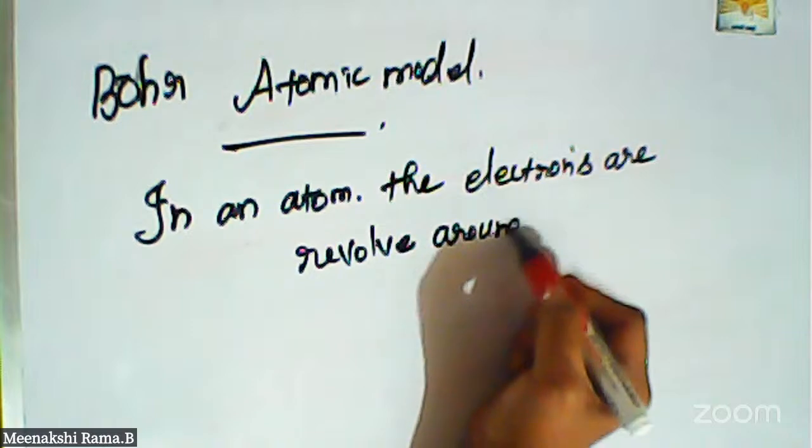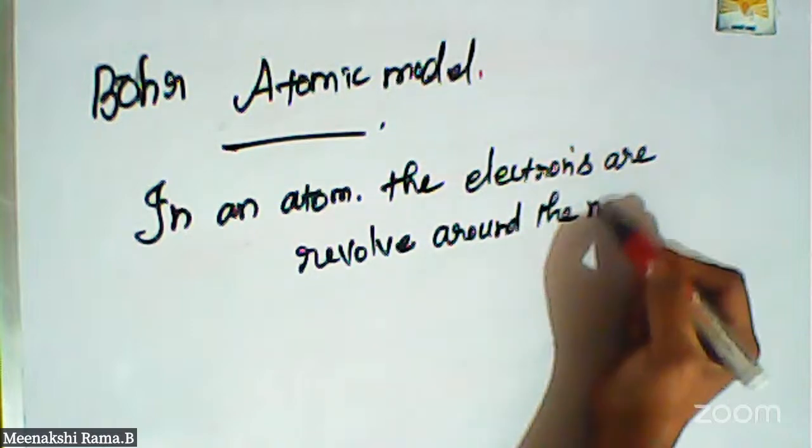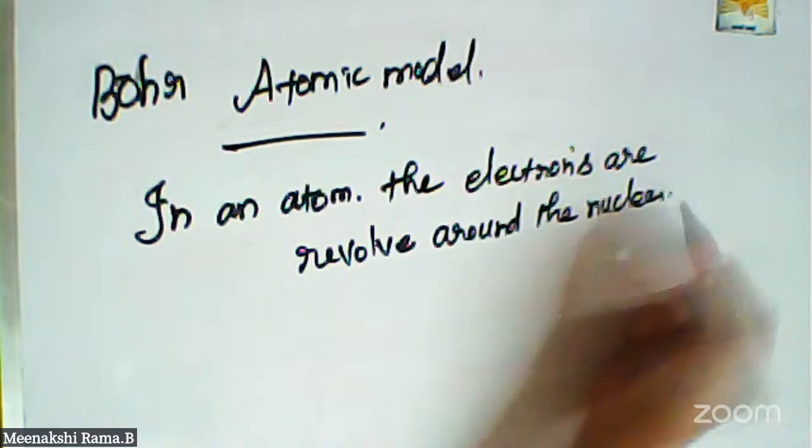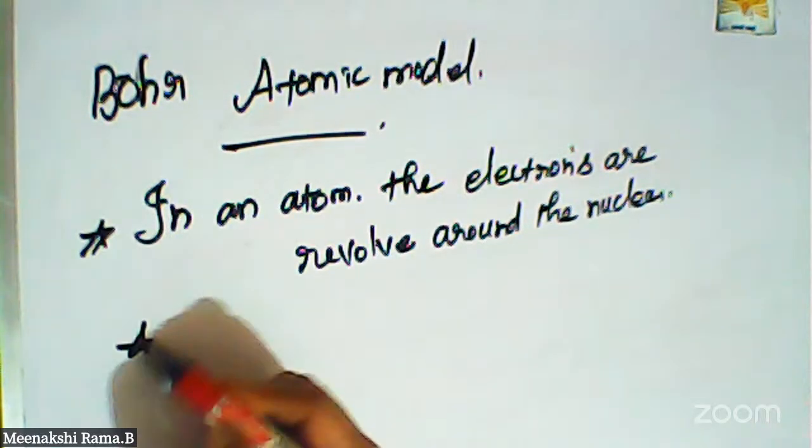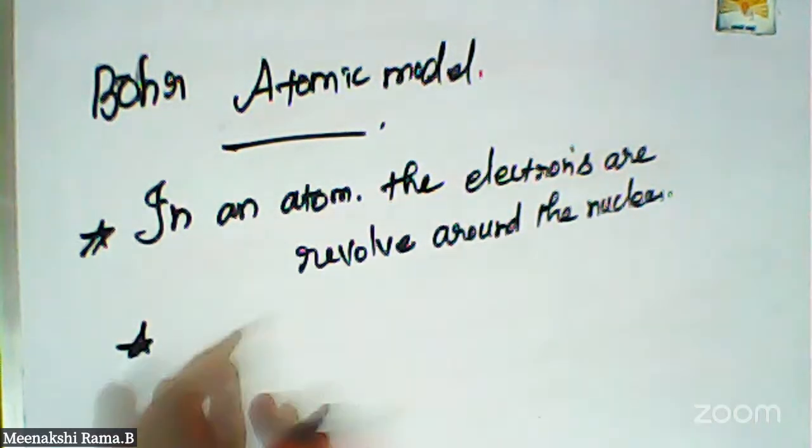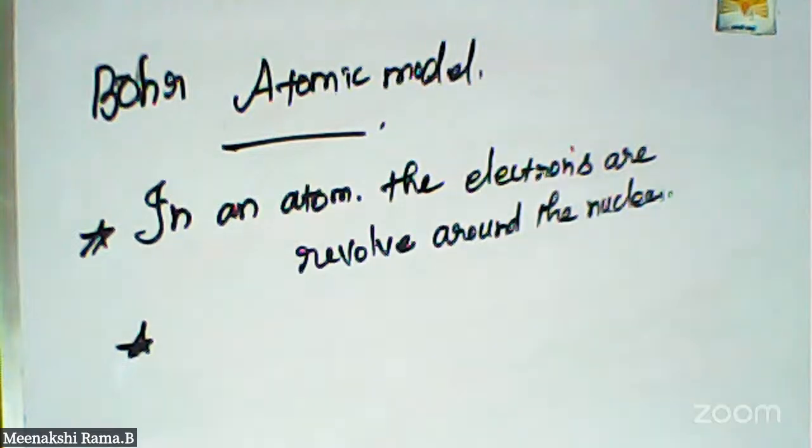This is the first point of the Bohr atomic model. While revolving around the nucleus, the path is called an orbit. The electron neither loses nor gains energy.